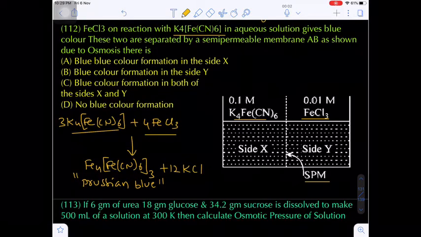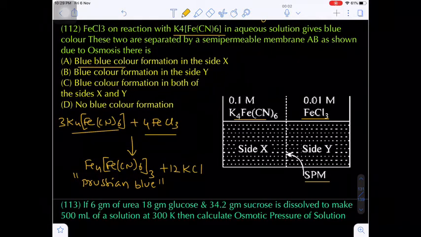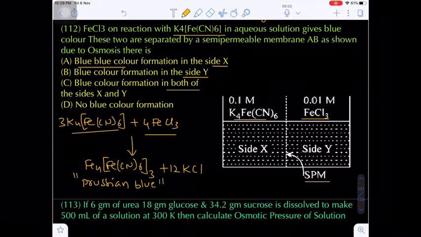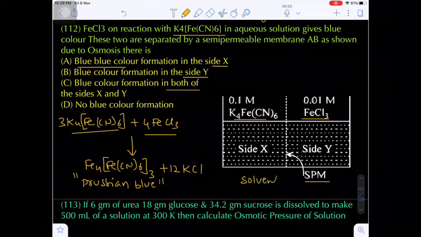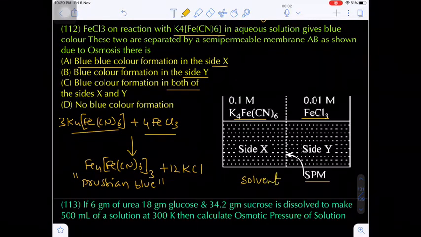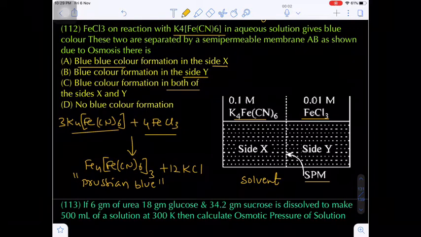Now the question is, will the blue coloration appear on container side X, or side Y, or in both containers, or will no blue coloration form? Remember, the SPM only allows solvent molecules to pass through it, but not solute.